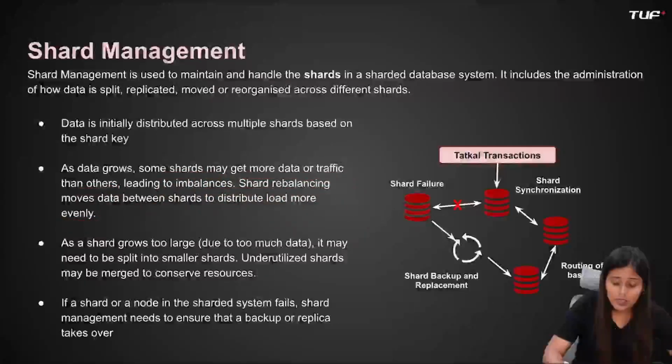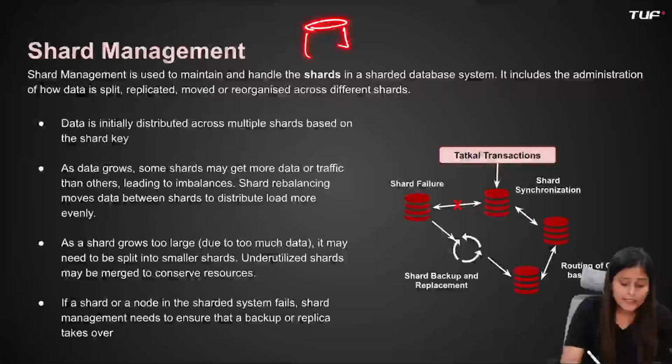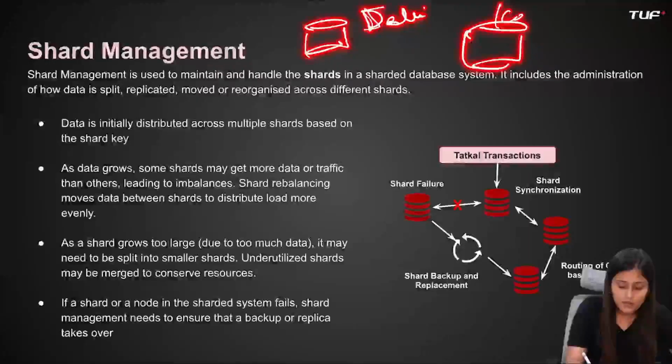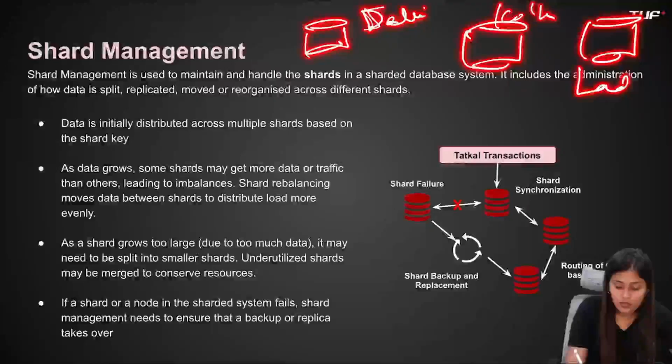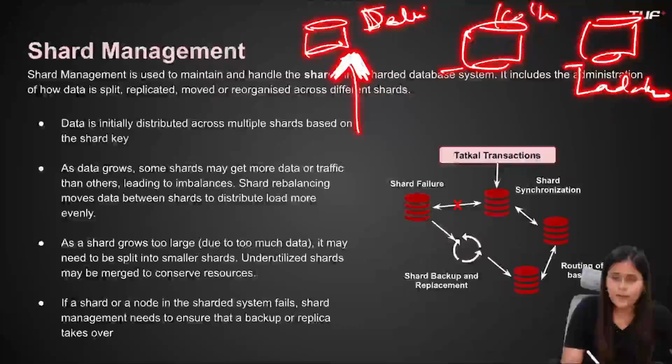So what happens? Let's suppose you have three databases, for example for Delhi location, Kolkata location, and Ladakh location. You have routed all the data into the different shards, and as the data grows, you might see that for the Delhi server you have a lot of Delhi bookings.